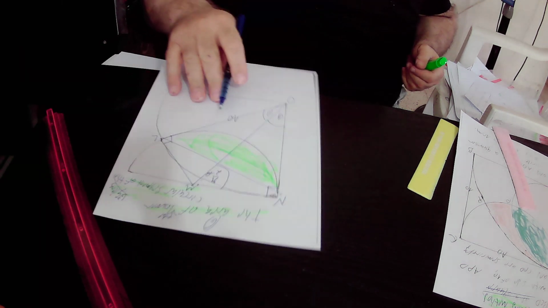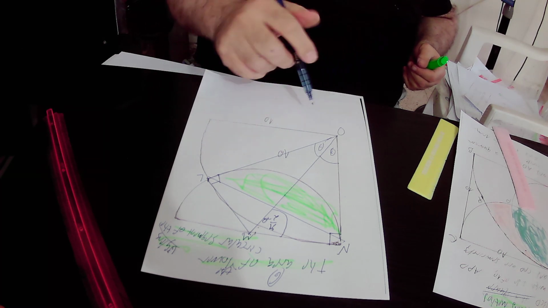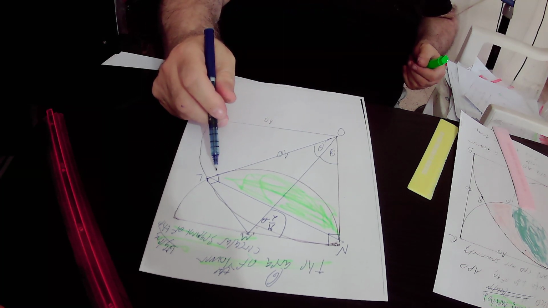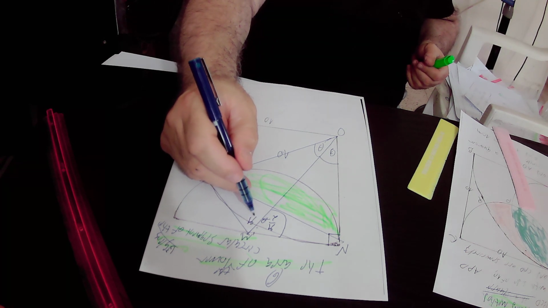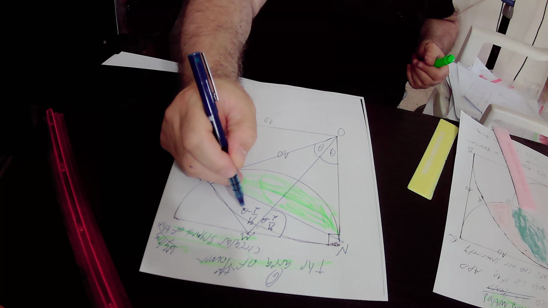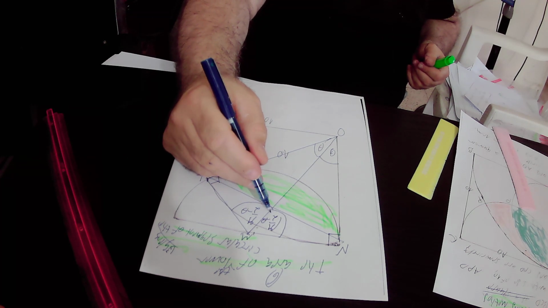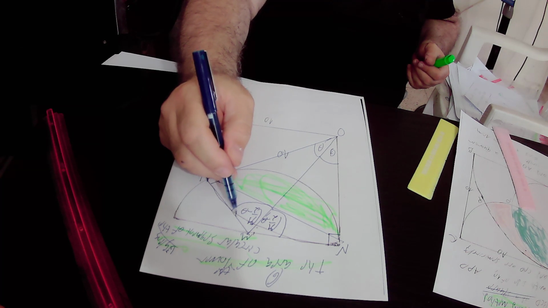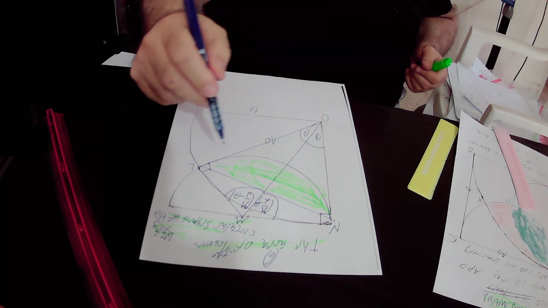The same thing is true in the right triangle OLM. This angle equals theta, this angle equals 90 degrees, so this angle must be equal to pi over 2 minus theta. We will add the two angles together, and this way we will find out the size of angle NML.